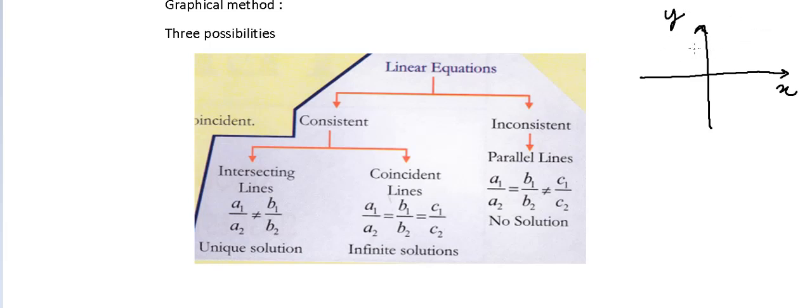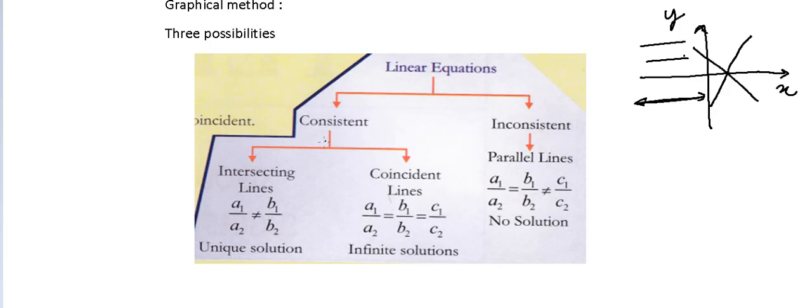The very first is you will get intersecting lines, right? The second you can get is parallel lines, right? After solving the linear equation you get two parallel lines, and the last is coincident lines, right? Lines which are overlapping.